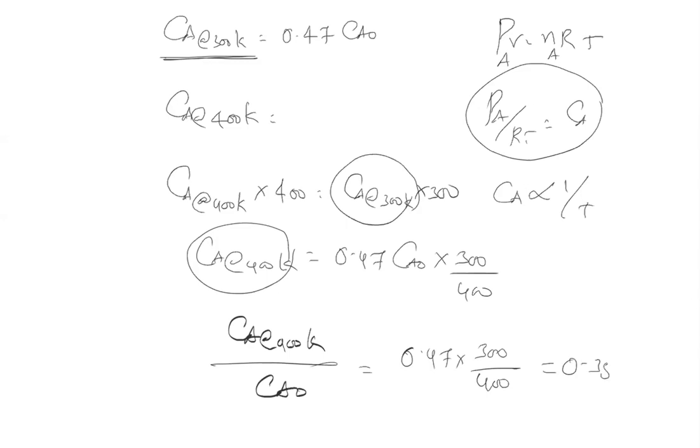Suppose somebody answers this question as 0.47. This is also one of the options, so you will be misled by this option. CA into T is constant.